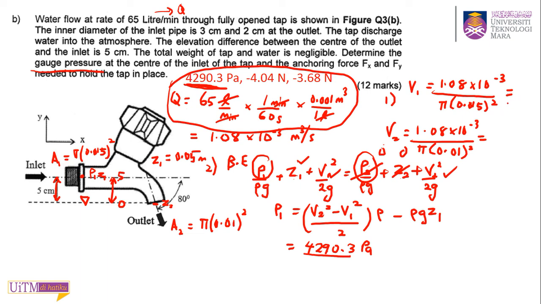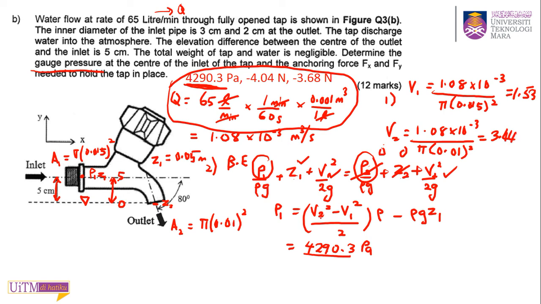V1 dapat 1.53. Okey. V2 dapat 3.44. Okey.